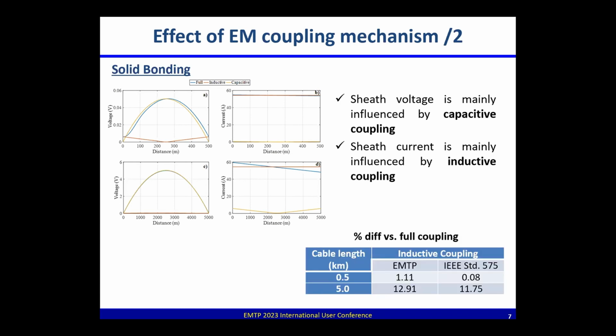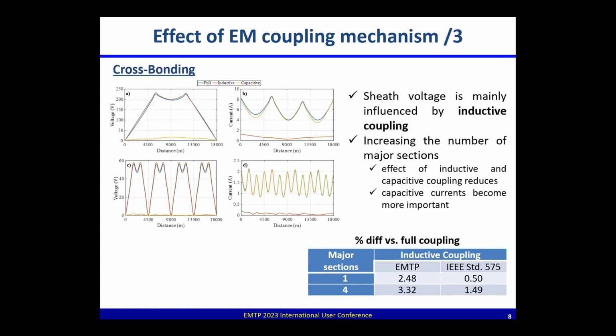Again, if we try to compare the full coupling which has been simulated in the EMTP with the inductive coupling, which is simulated both in EMTP and with the IEEE standard, again, we can see that at small length, at 500 meters, the error is small. And if we go to the 5 kilometers, the error again goes high due to the inclusion of the capacitive effect only in the full coupling version of the model.